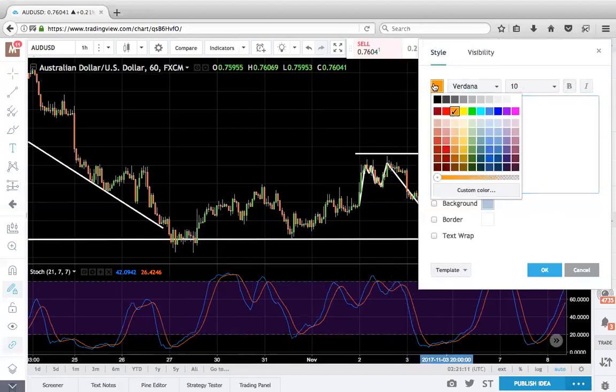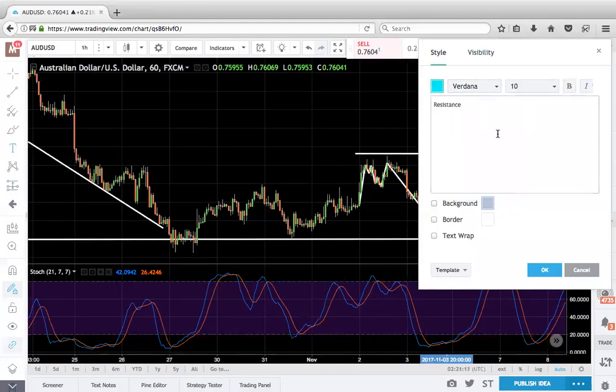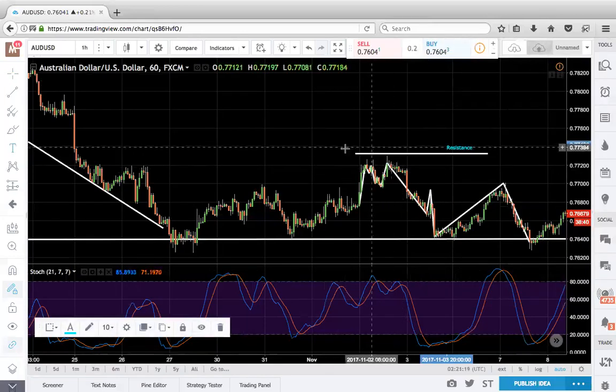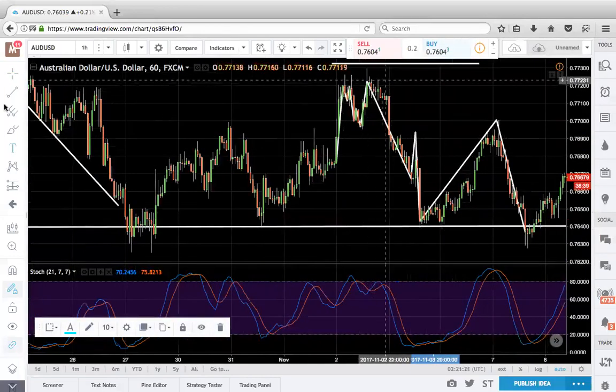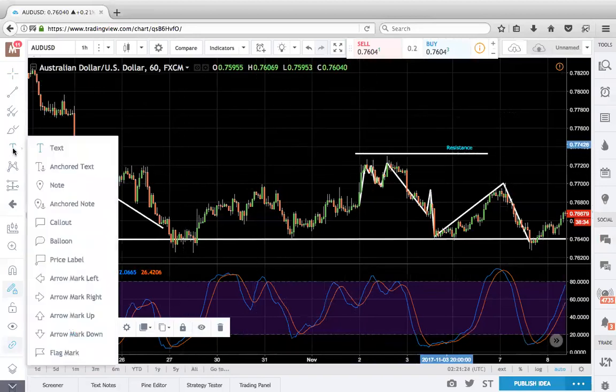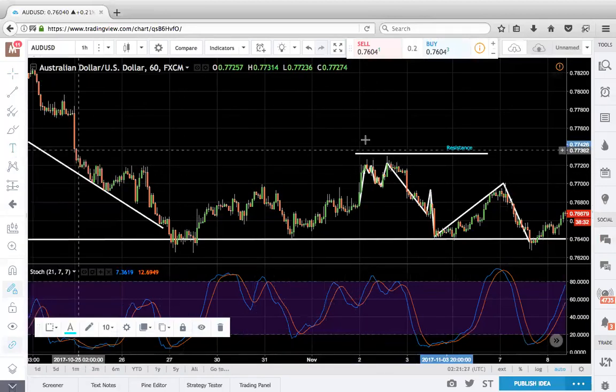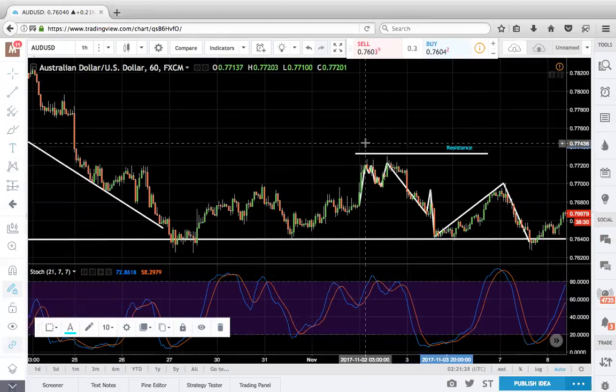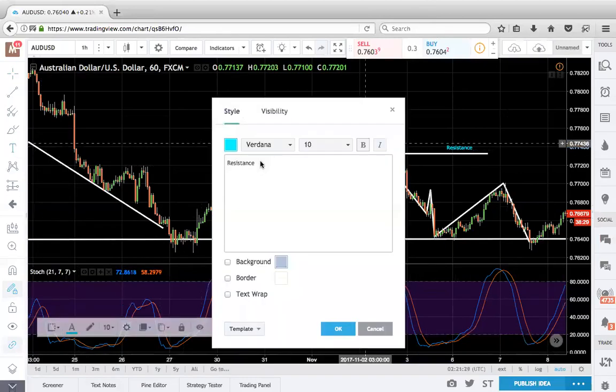Got some resistance here. What color should I make it? Let's just make it blue. So we got some resistance coming up here, right? And then another thing we also see is this triple top right here.